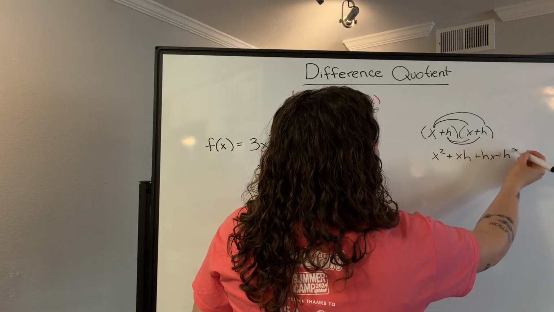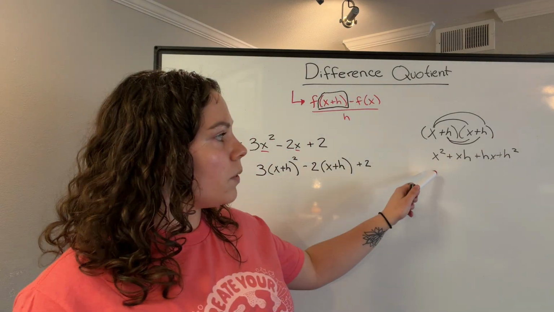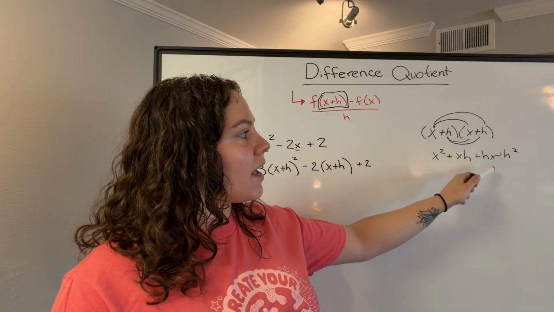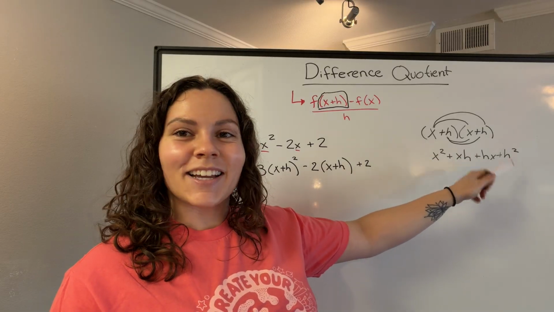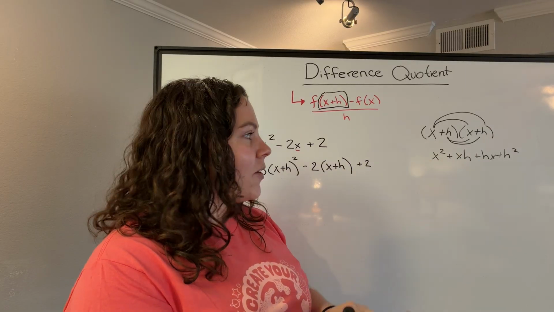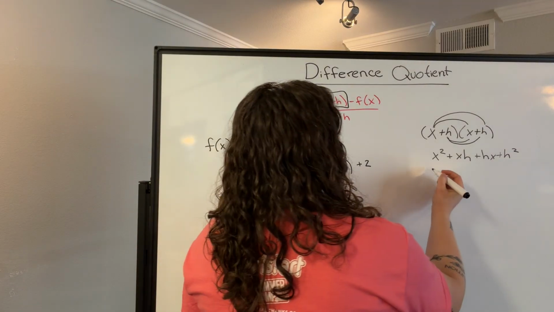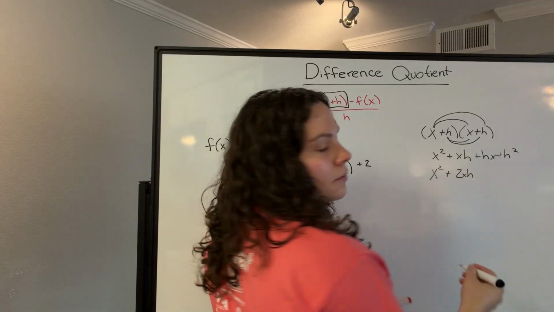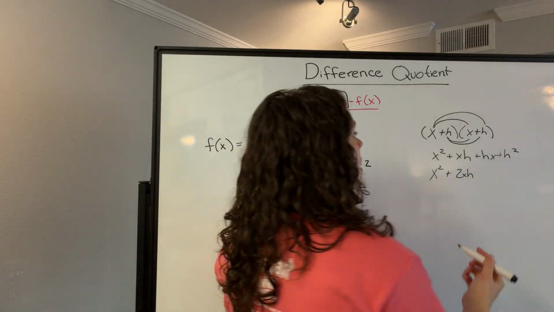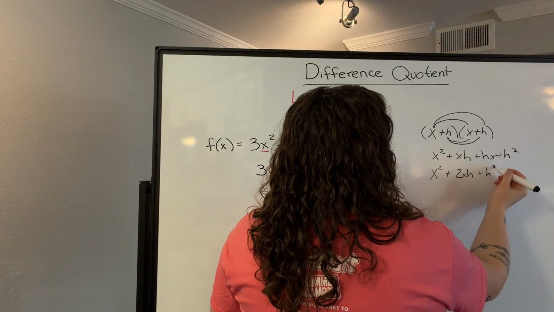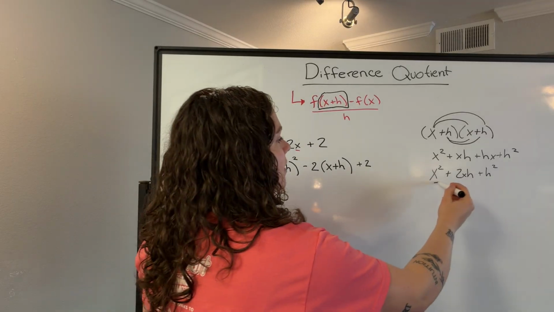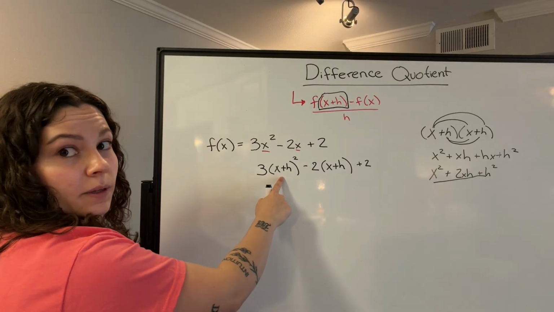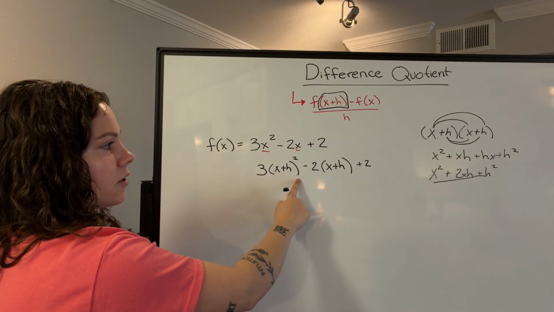So when we FOIL it out, we get x squared plus xh plus hx plus h squared. Okay, we can simplify this actually to x squared plus 2xh, or hx, whichever one you want to use, plus h squared. So I'm going to take this and I'm going to bring this all the way back over here because we just expanded this value.